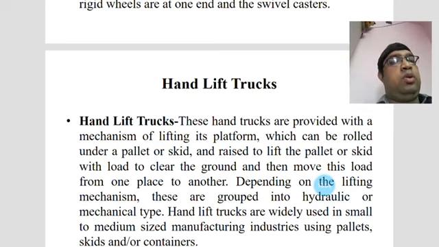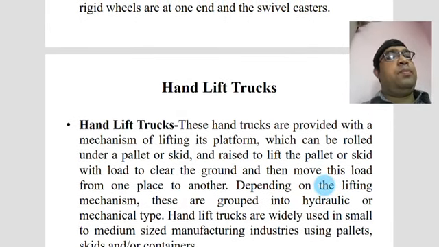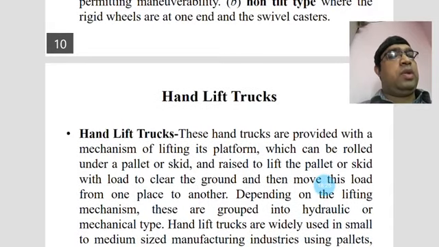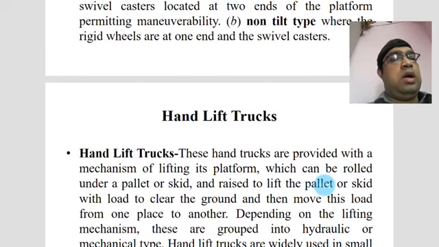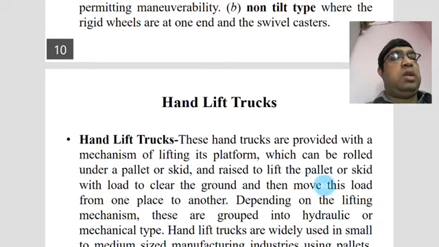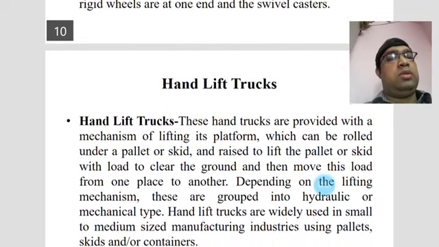Basically they move rolls, skids and pallets: they lift the pallet or skid with the load to clear the ground, and then move these loads from one place to another. Depending on the lifting mechanism, these are grouped into hydraulic or mechanical types.